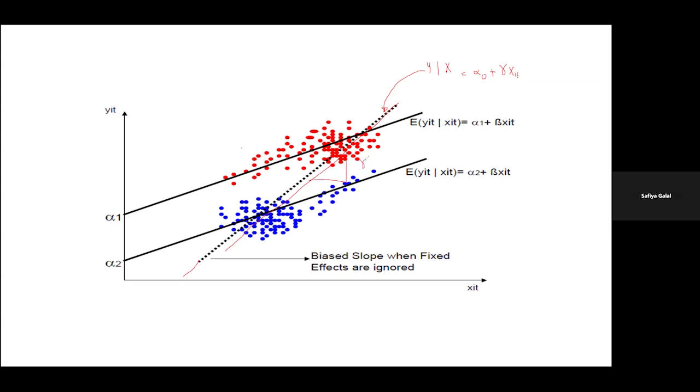Yes. So here, the problem is that when I compare gamma to beta, which is the estimate once I control for the individual fixed effects, gamma is biased. Why is it biased?